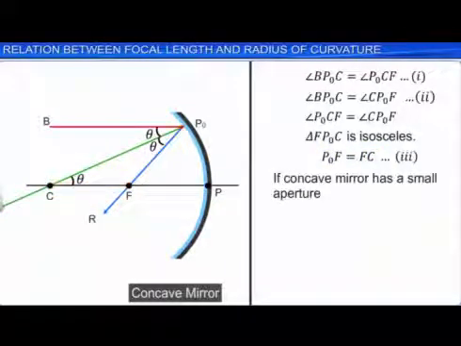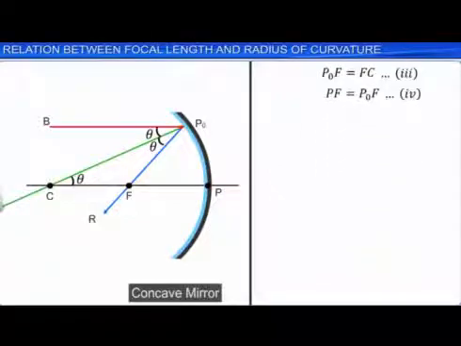If the concave mirror has a small aperture, then the point P0 is very close to the point P. Then PF and P0F can be considered as equal. Let this be equation 4. From equations 3 and 4, it can be inferred that PF is equal to FC. Let this be equation 5.